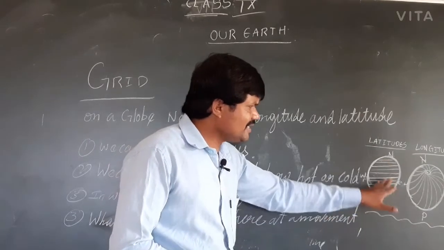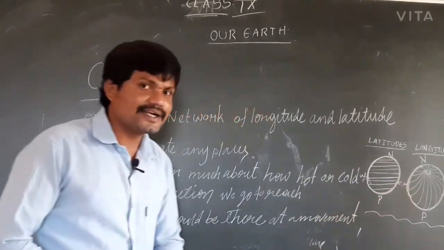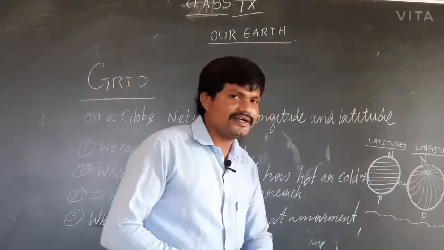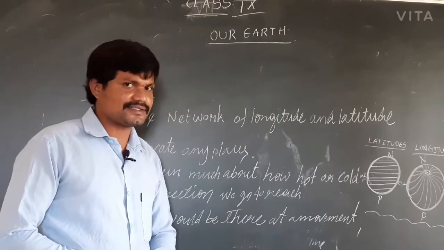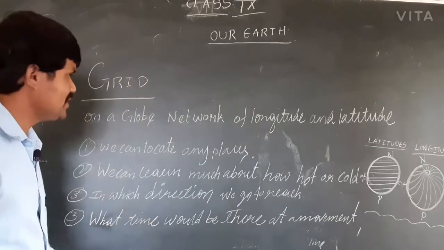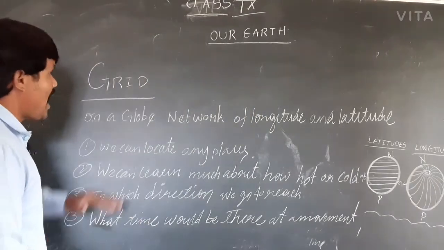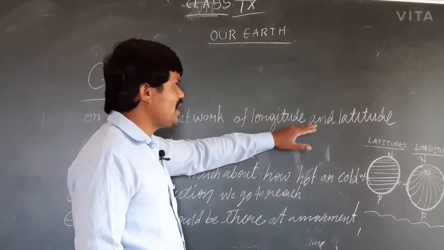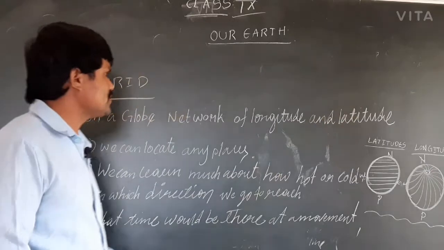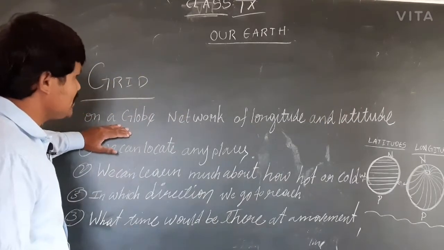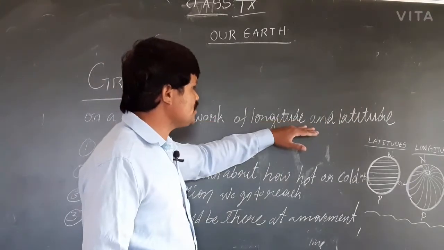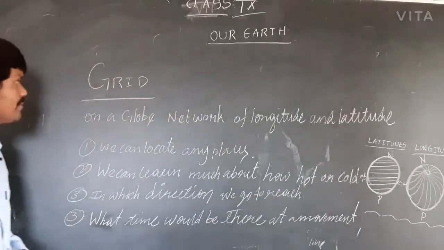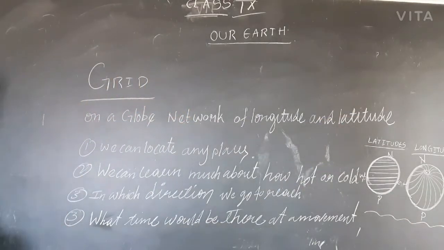Yes, these lines are called grid lines. So, what is a grid? A grid means, on a globe, the network of longitudes and latitudes, and it is called the grid system.